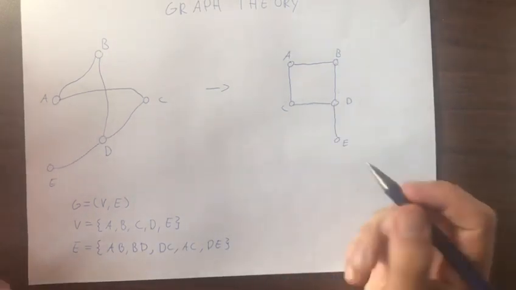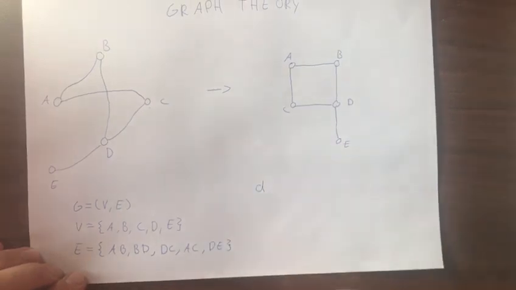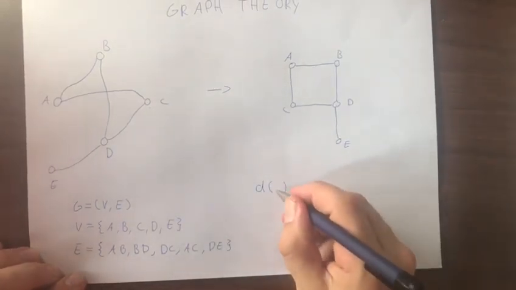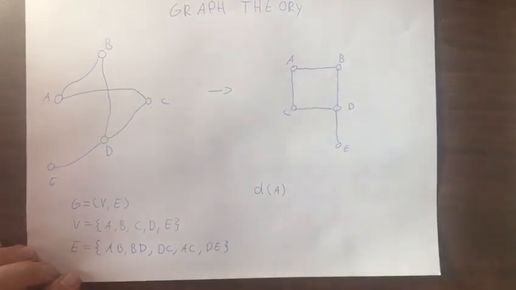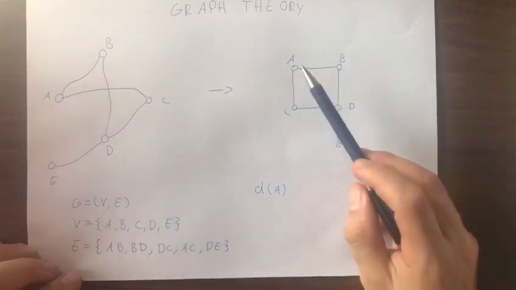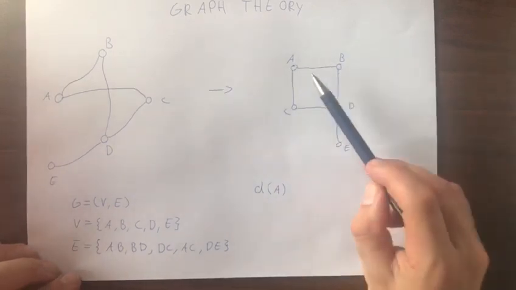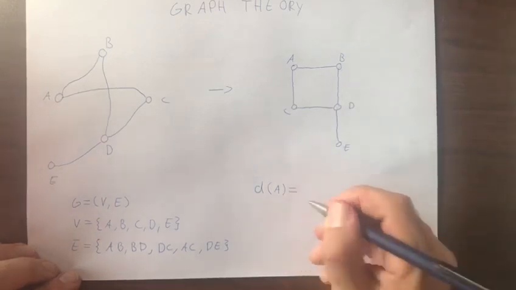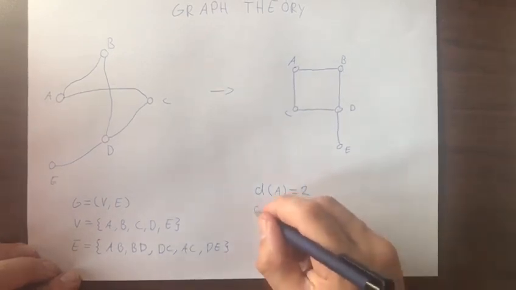Then we have also something called degree, which we write as deg. And the degree basically means to how many vertices a vertex is connected. So if we look at the degree of vertex A, it's connected to B and C. So those are two vertices. So the degree of vertex A is 2.